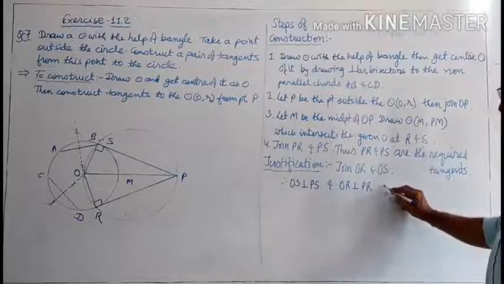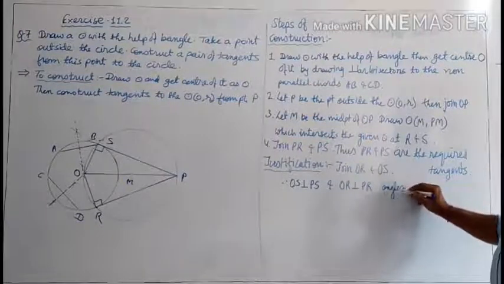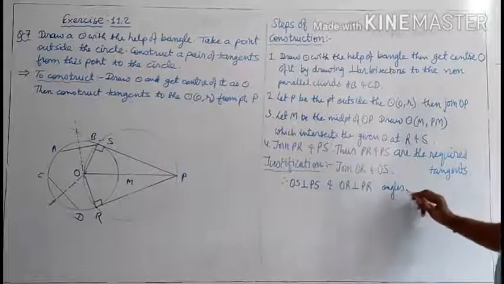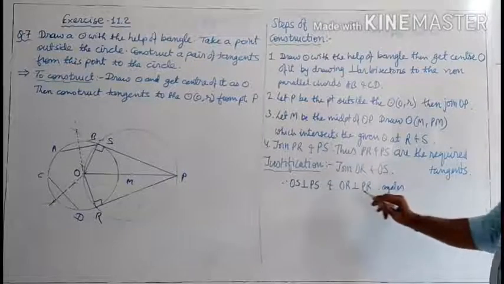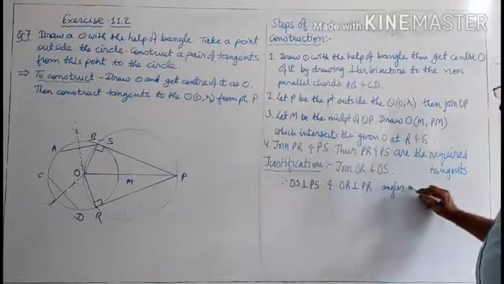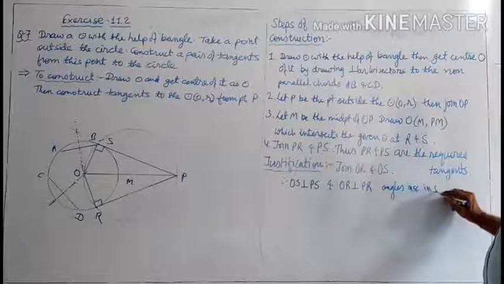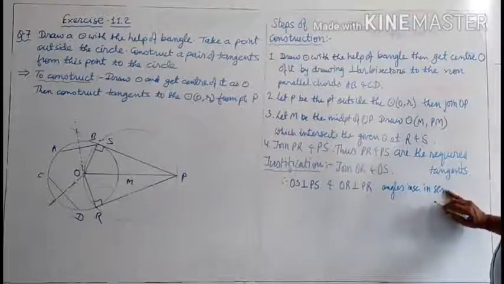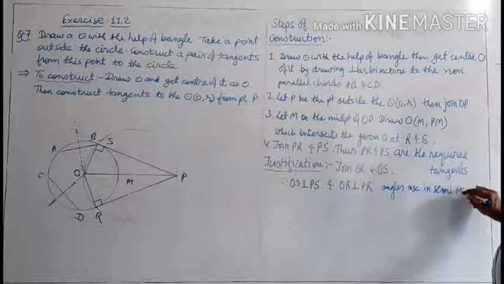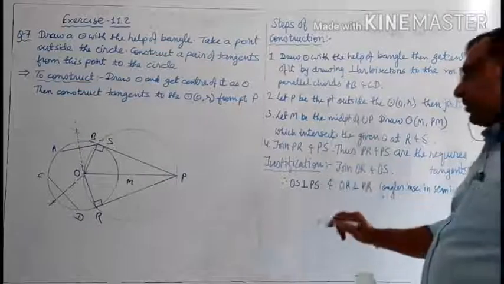Why are they perpendicular? Because angles inscribed in a semicircle are right angles, and therefore they are perpendicular.